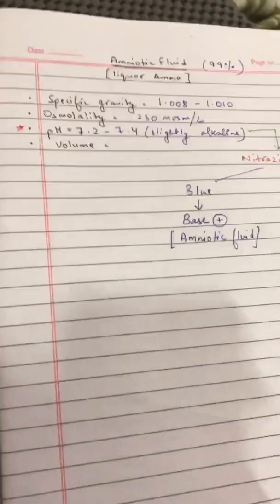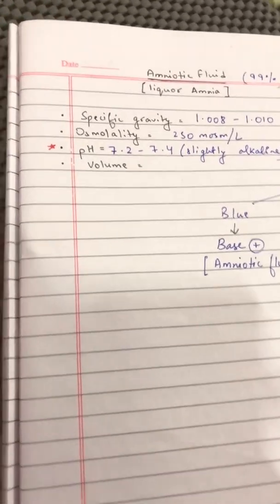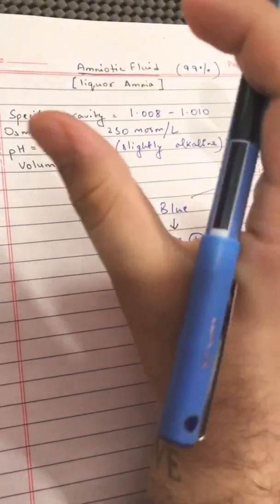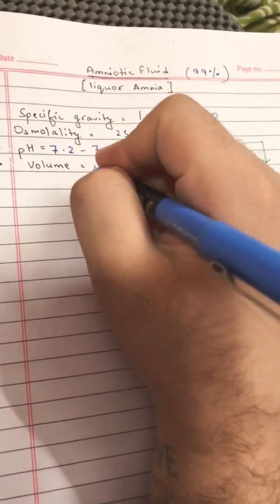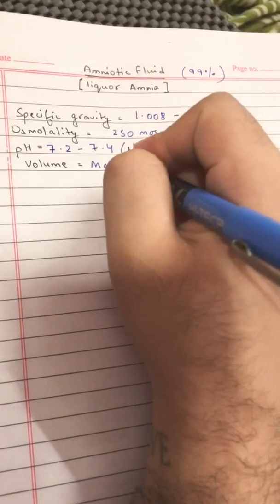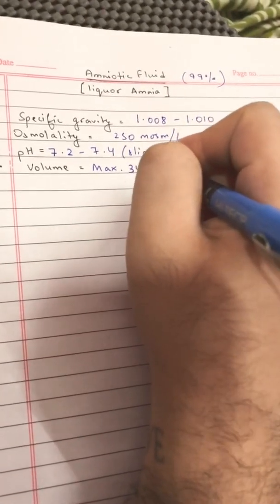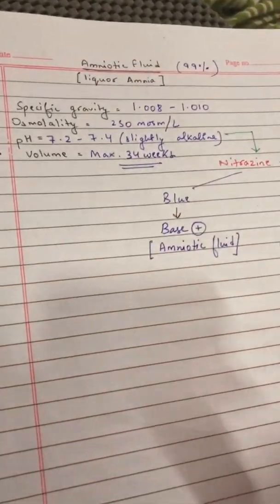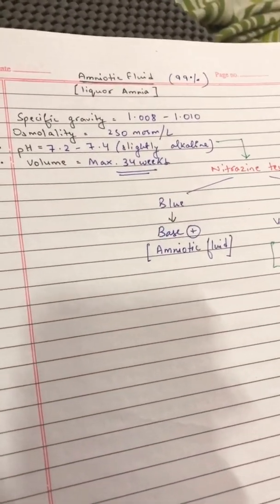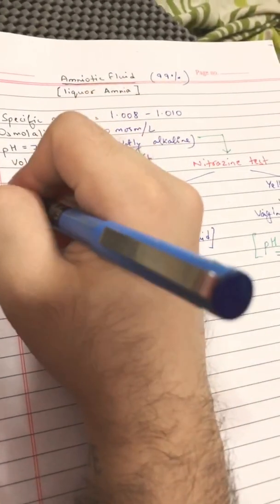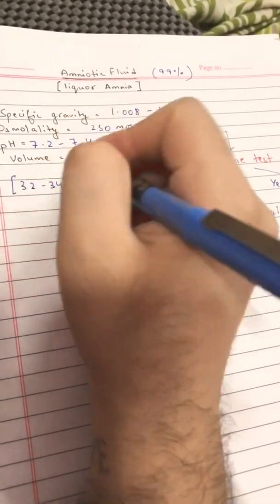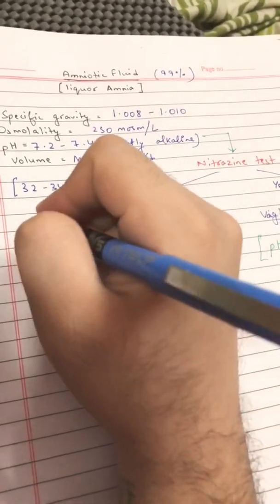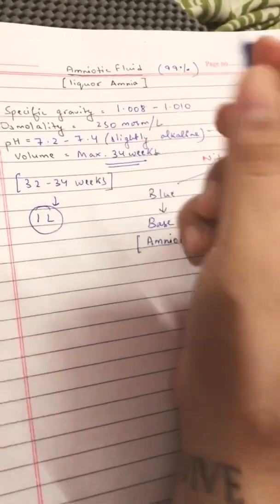Now, what's the volume of amniotic fluid? The volume varies with time, and the important thing to note is maximum volume is at 34 weeks of pregnancy. If in exams any range is given, then it is between 32 to 34 weeks, and the volume is around 1 liter.